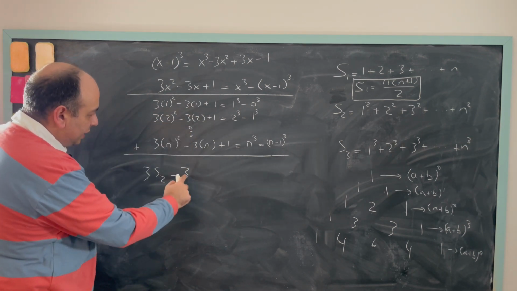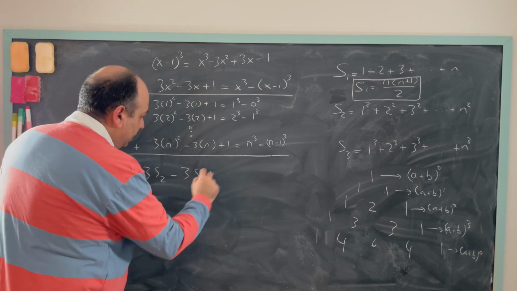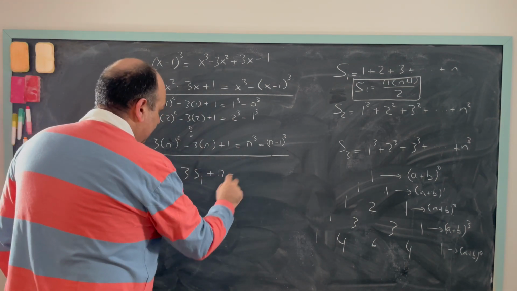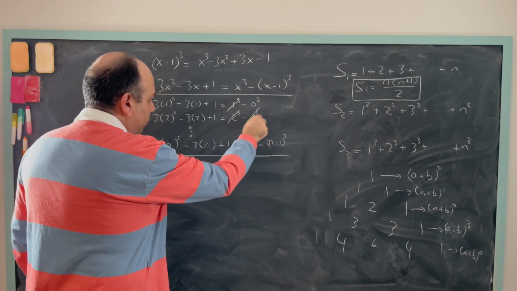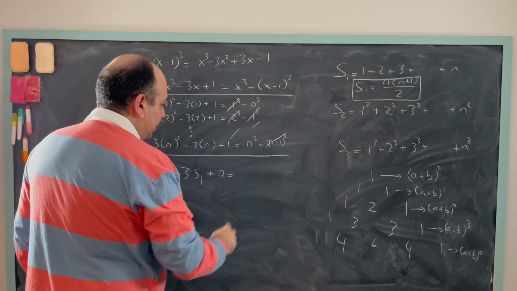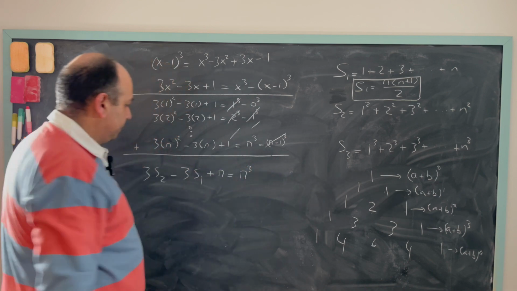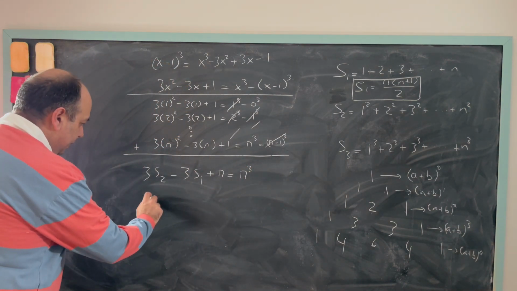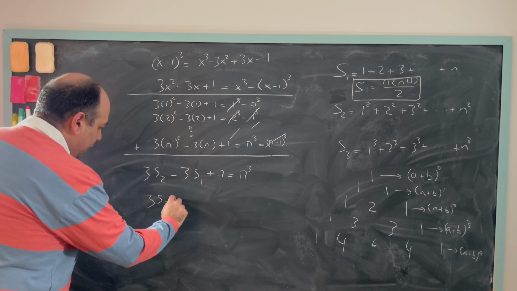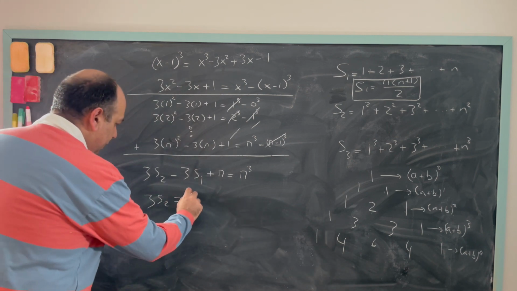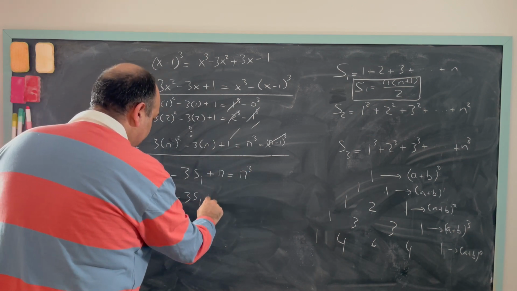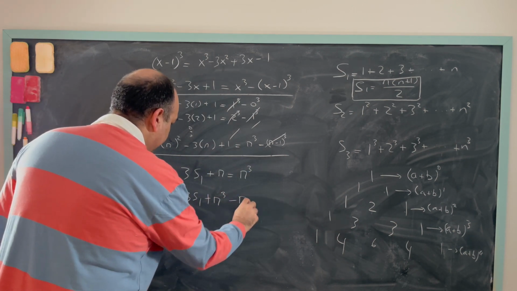So I have minus 3 times s1 plus n times 1 is equal to 1 cubed, 1 cubed, 2 cubed, 2 cubed, n minus 1, n minus 1. So I have n cubed here. Well, this is great. So 3 times s2 is simply equal to 3 times s1, I put it on the other side, plus n cubed minus n.